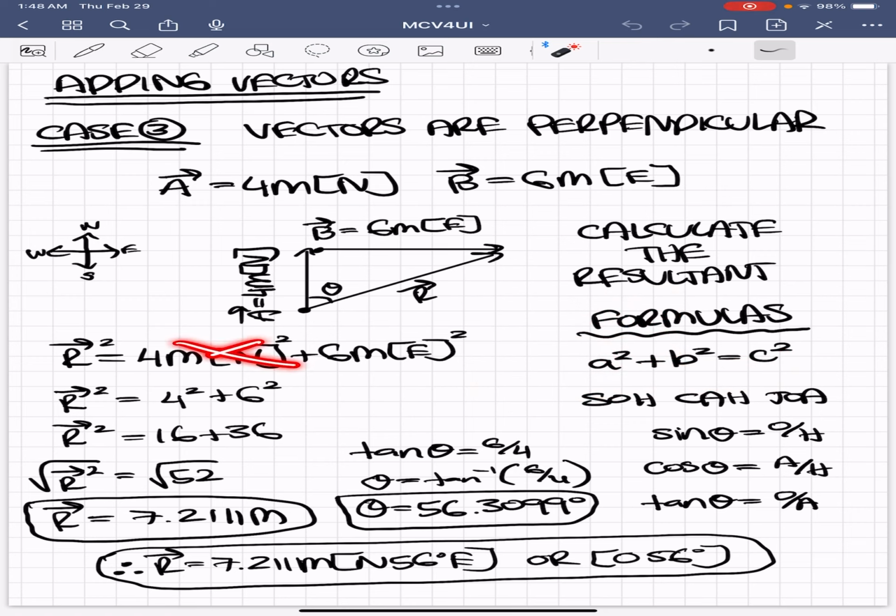But then you can drop all that once you get to here. So we have the resultant squared equals 4 squared plus 6 squared. And then we have the resultant squared equals 16 plus 36. And then it equals 52.